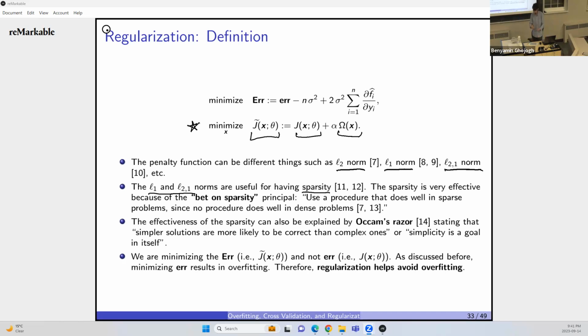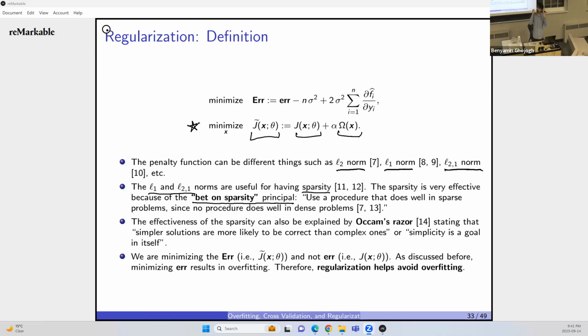And there are at least two reasons. The first reason is the betting on sparsity principle. It was proposed by Hastie and Tibshirani at Stanford University. What did they say? They said, give me an algorithm in two versions: a dense version of one algorithm, and the same algorithm with a sparse version.